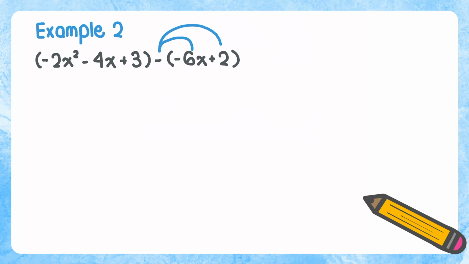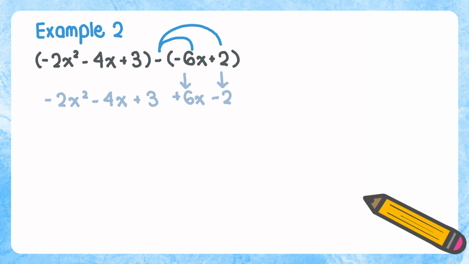And so I'm just going to flip the signs for both of these. So the opposite of negative 6x is positive 6x, and that positive 2 will turn into negative 2. So instead of plus 2, we have a minus 2. And let's just bring the rest down. Negative 2x squared minus 4x plus 3. And then we have that plus 6x minus 2.